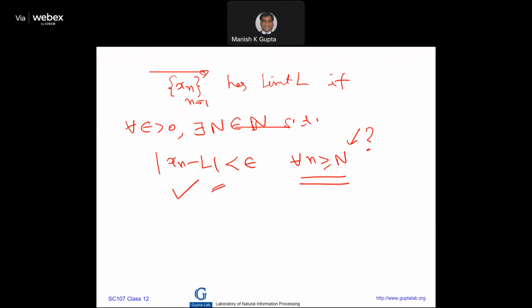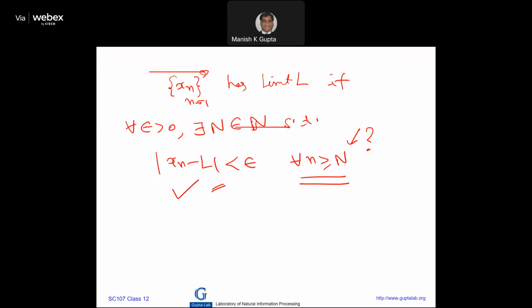So the key idea: by varying the size of the neighborhood, by varying the size of epsilon, you can control the value of capital N. If epsilon is too small, what will happen? If epsilon is very large, what will happen to the value of N?